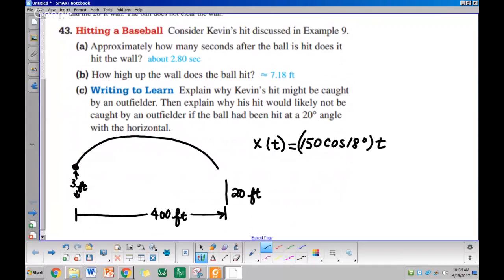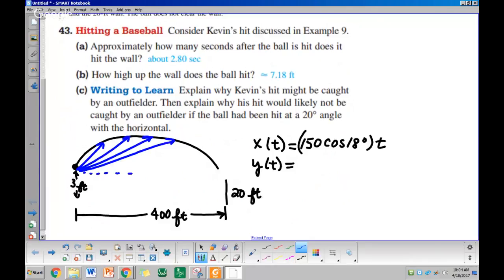And then I put a t here because this is rate times time. This is velocity times time in the x direction. This is pointing to where the ball is at some time t, correct?